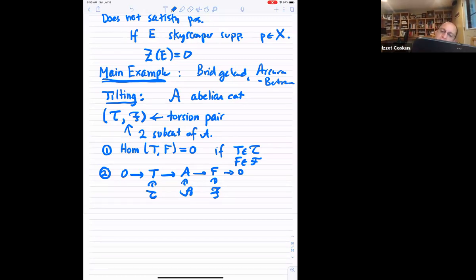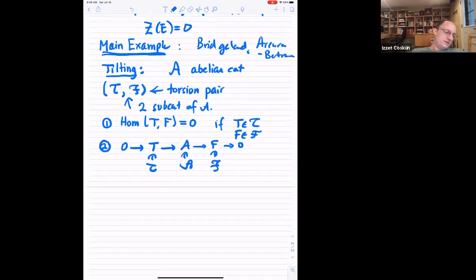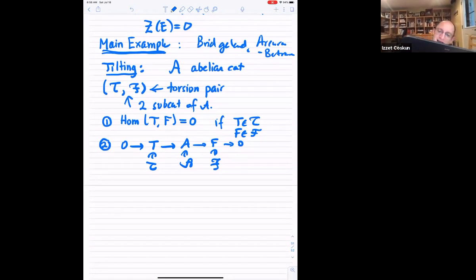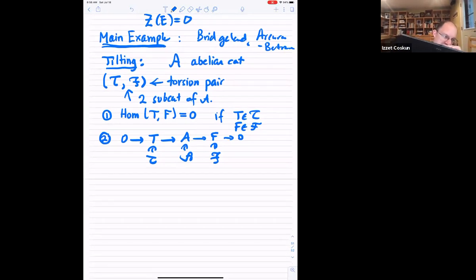And then if you have such a torsion pair, what you can do is you can tilt this category. So now what does it mean to tilt this category? So you tilt the category with respect to this torsion pair. So maybe I think you just denote it like this or something like this, with respect to this torsion pair.